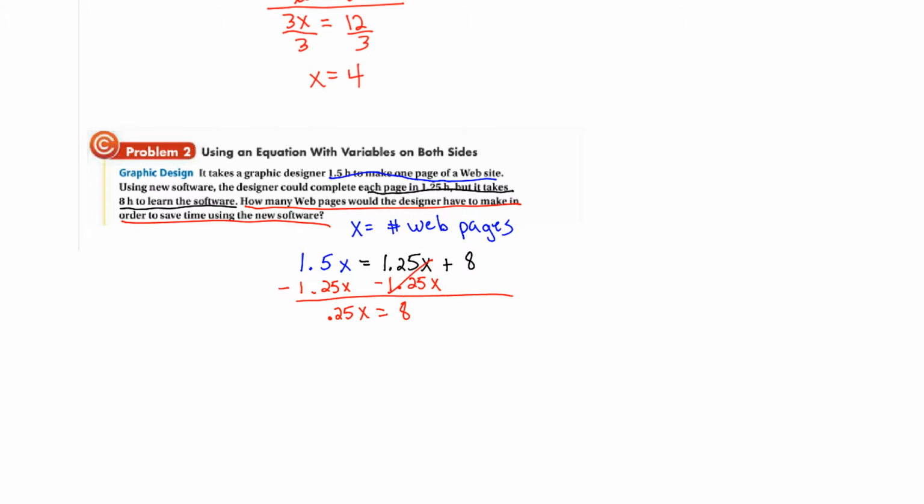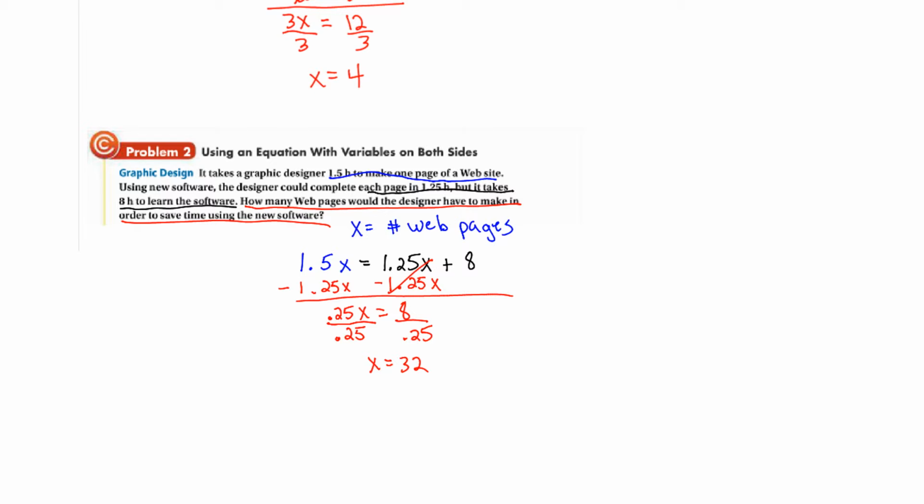So then I have 0.25 times x. To get x by itself, I do its inverse operation. So instead of multiplying by 0.25, I would divide by 0.25. So I have 8 divided by 0.25, and I get x equals 32. So at 32 pages, it means that the old software and the new software would be exactly the same.